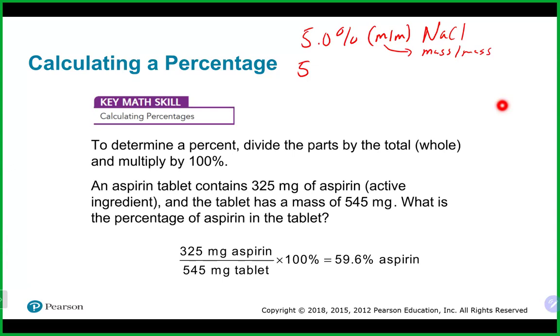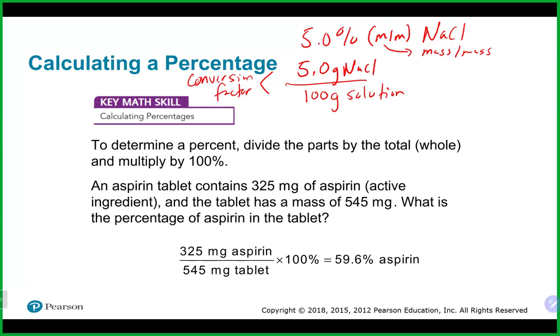So if we had something like this, what that would mean is we have 5 grams of sodium chloride dissolved in 100 grams of solution. And this is what is referred to as a conversion factor. That is a fraction we could use to convert between different things that we're looking for. Any type of conversion factor, as we will talk about more in the next chapter, you could use either way.